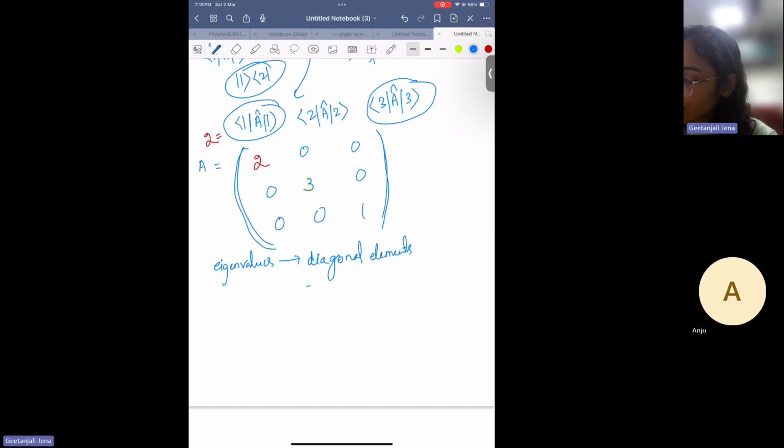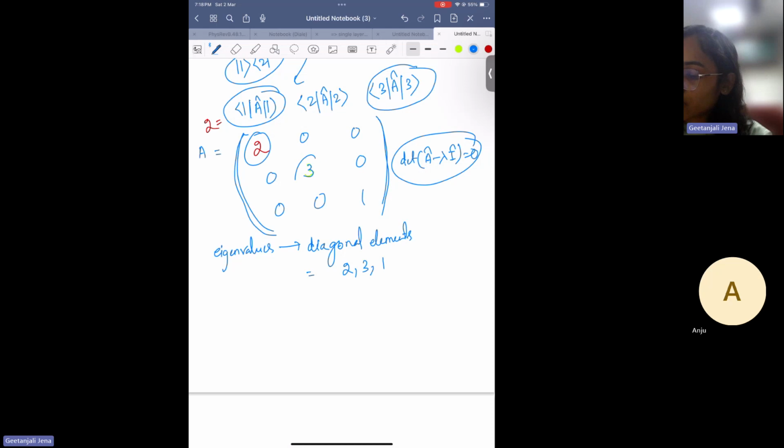The eigenvalues are the diagonal elements, which are 2, 3, and 1. If you have a diagonal matrix, you don't have to solve the equation determinant of A minus lambda equal to 0. You just take the diagonal elements, which are 2, 3, and 1. These are the eigenvalues.